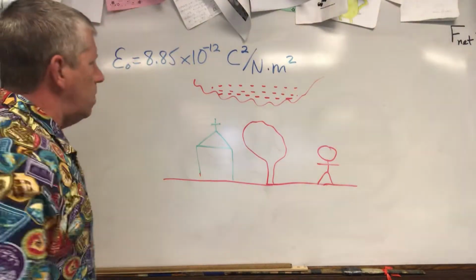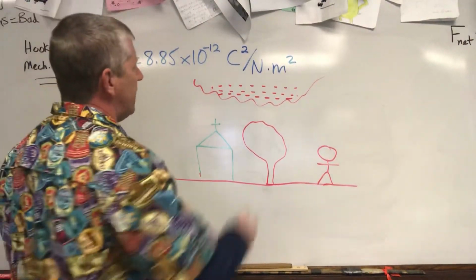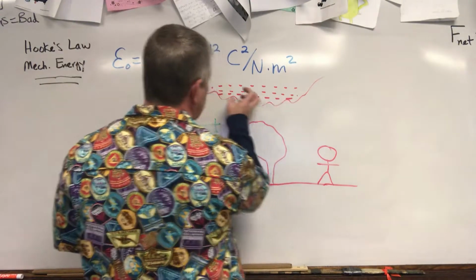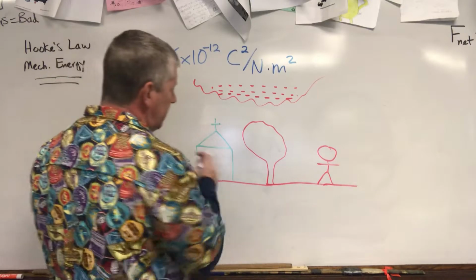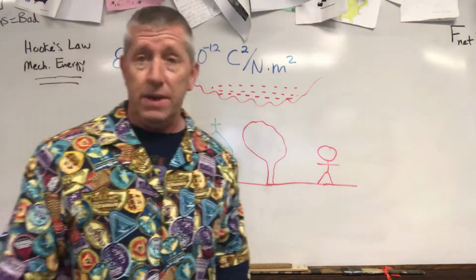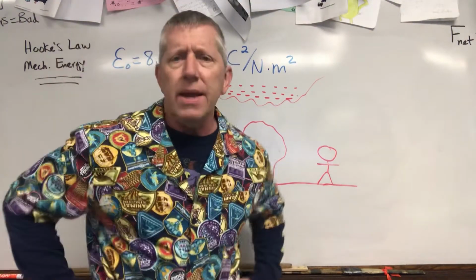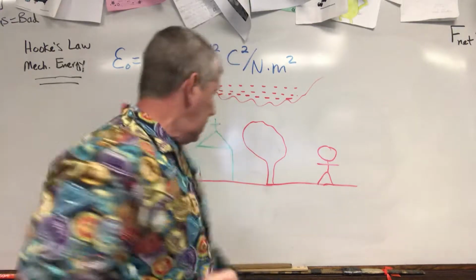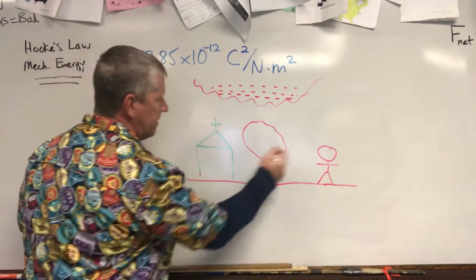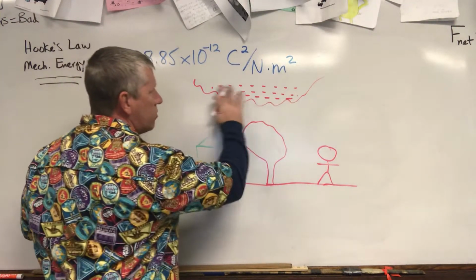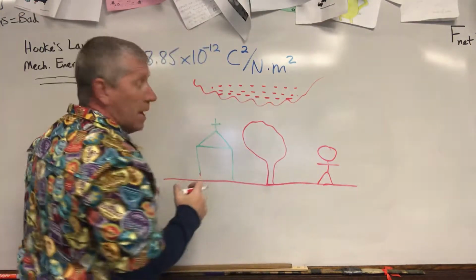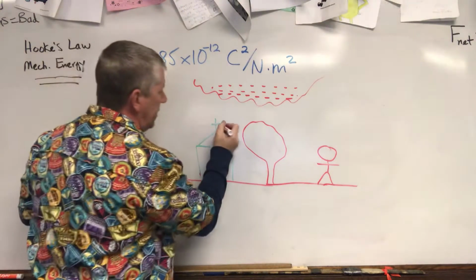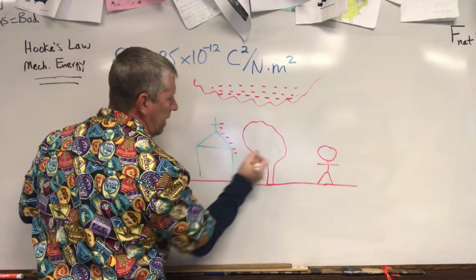So now what are they going to do? Let's say you've got a bunch of negative particles accumulating at the bottom of this cumulonimbus. Everything on the ground has a bunch of negatives in it. These negatives are going to create a huge field of electricity here, and they are going to repel the negatives in anything down here on the ground.